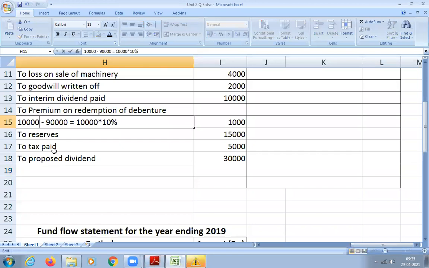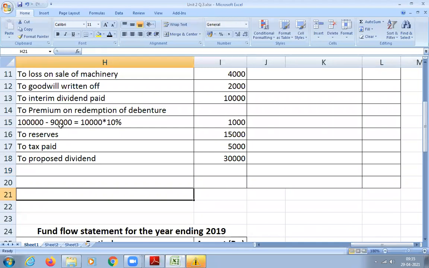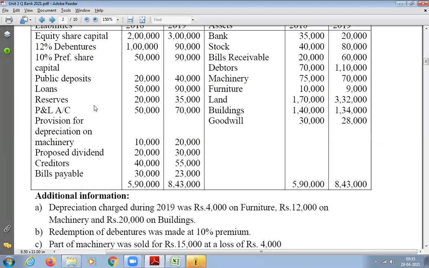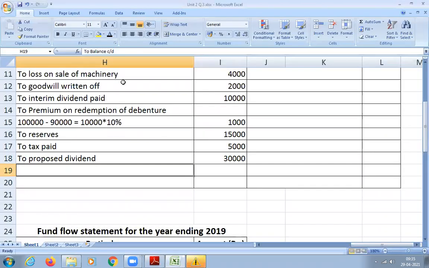It is 1 lakh, not 10,000. Yeah, it is 1 lakh minus 90,000. That means they have redeemed 10,000 worth of debentures. Okay, so now tell me the balancing figure. That's the closing balance of net profit in the P&L account. That is 70,000. So you have to end with balance brought down, carried down.